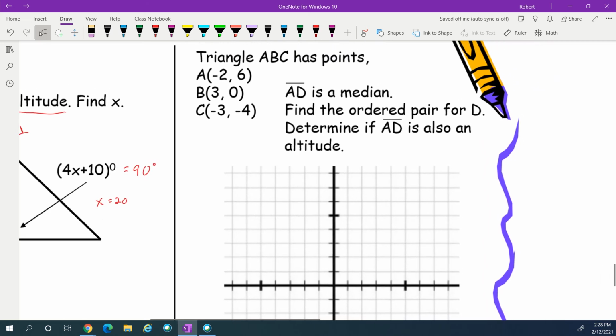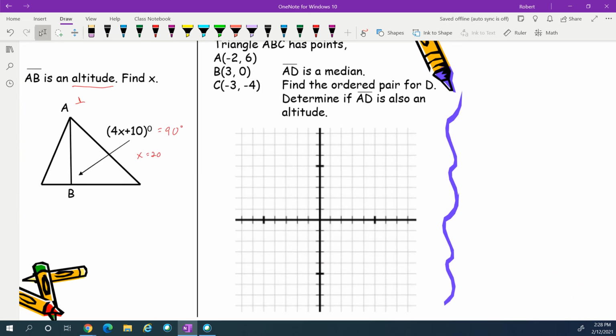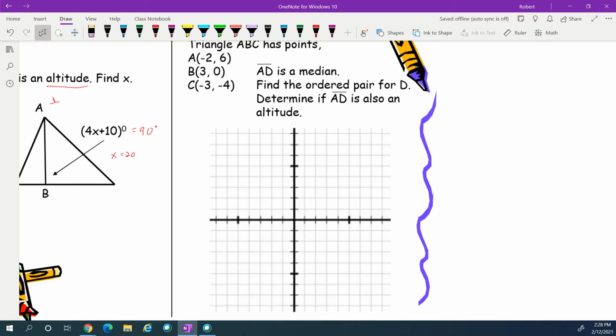In our next question, we actually drew this triangle in the previous lesson. I'm just going to redraw it. A is at negative 2, 6. B is at 3, 0. C is at negative 3, negative 4.